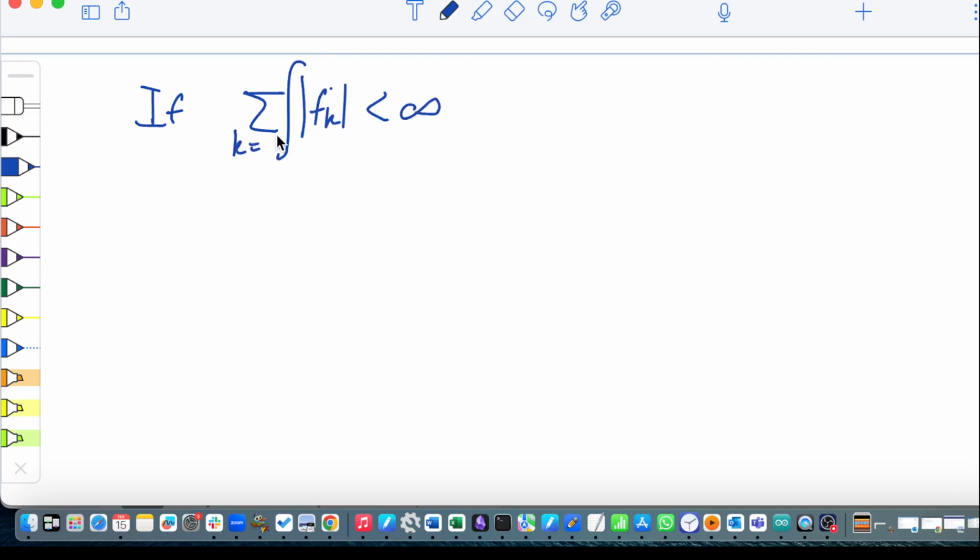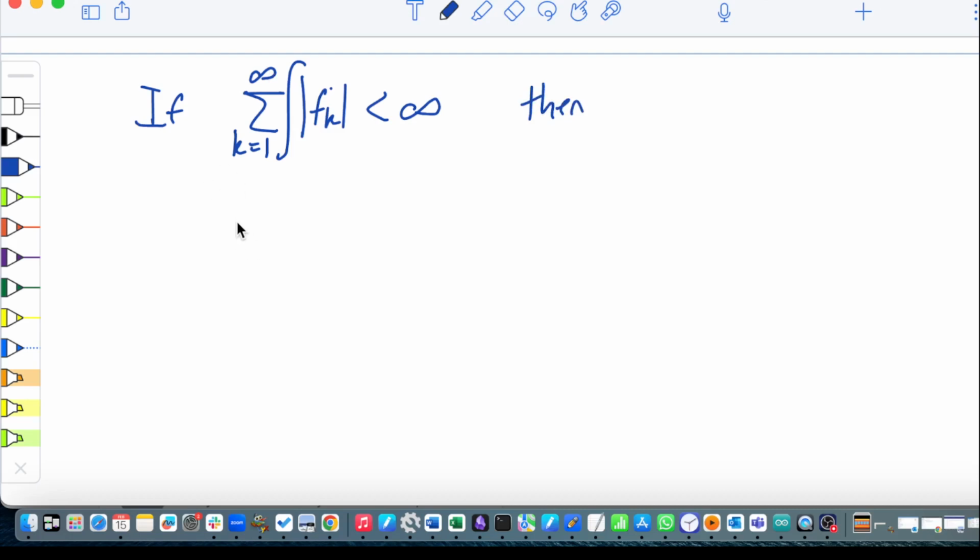So this is a sum of a bunch of numbers, right? Every single function has an absolute value, you integrate it, you get a number, you add up the infinite sequence of these positive numbers. If that's absolutely summable, less than infinity, then there's no almost everywhere versus norm shenanigans, right?